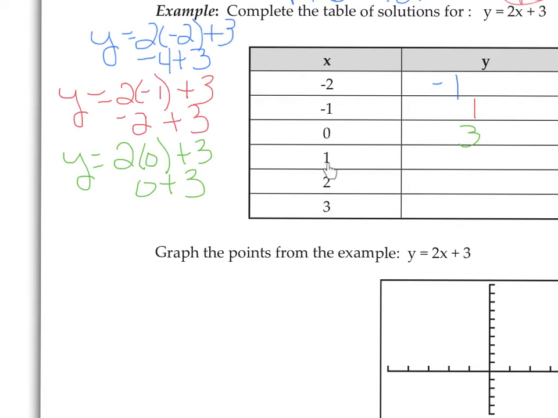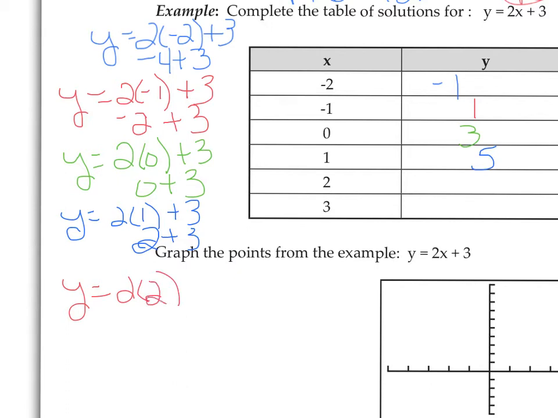And then we have x equals 1. So we'll plug in 1 here. So y equals 2 times 1 plus 3, which is 2 plus 3, which is 5. And further on down, we'll have y equals 2 times 2 plus 3. 4 plus 3 is 7.